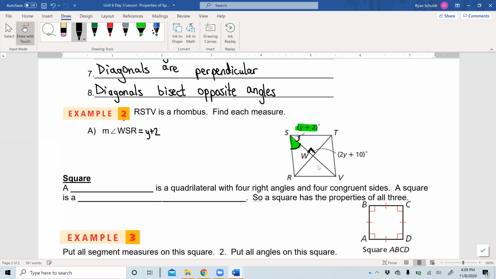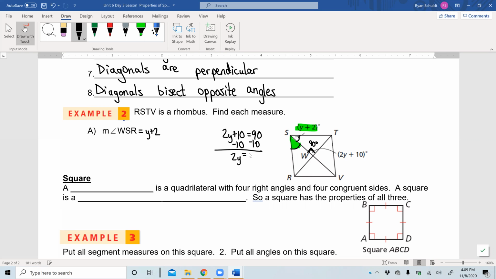How do they intersect? At a 90-degree angle. So I can set 2y plus 10 equal to 90 and solve for y.